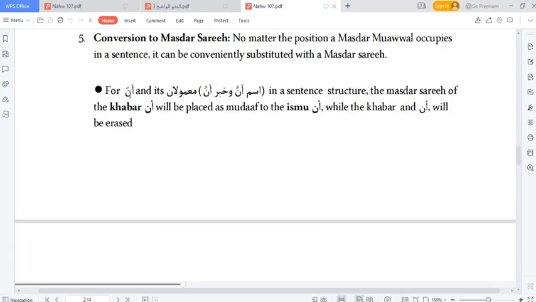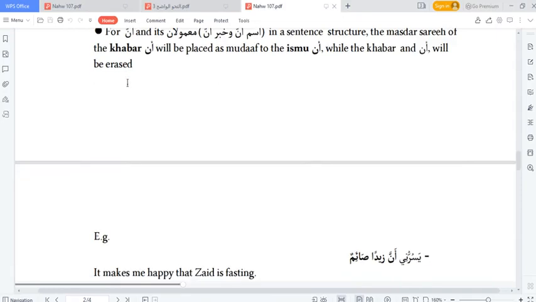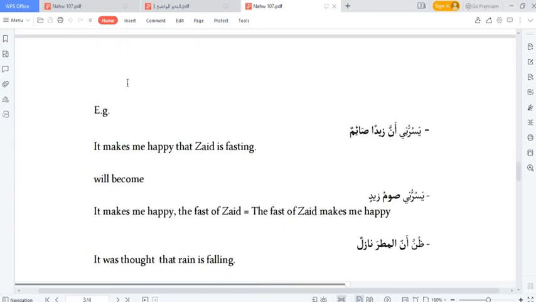So first, for anna and its ma'mulan, meaning its two operatives, ismu anna and khabaru anna, the khabaru anna will be placed as the mudaf to ismu anna. Okay, to buttress our point.